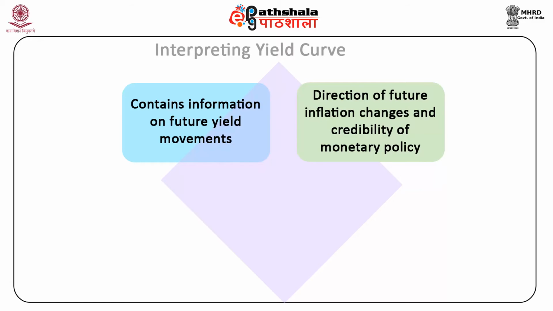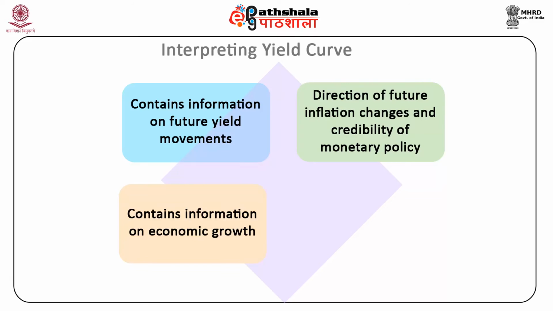Hence, yield spread also indicates the credibility of monetary policy in containing inflation. Improved credibility results in a lower inflation risk premium, resulting in a flatter yield curve. An inverted yield curve signals deflation, reflecting impending recession and lack of effective demand.